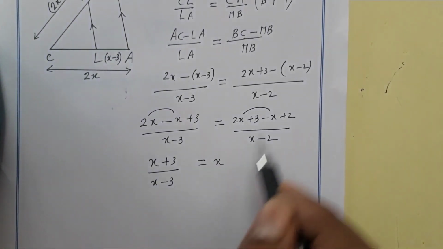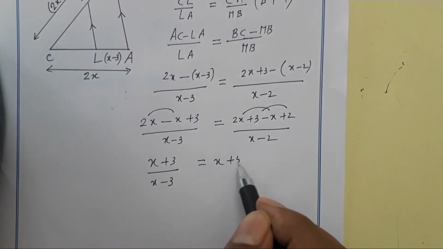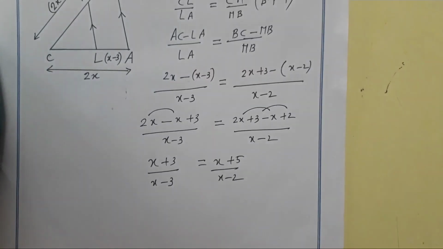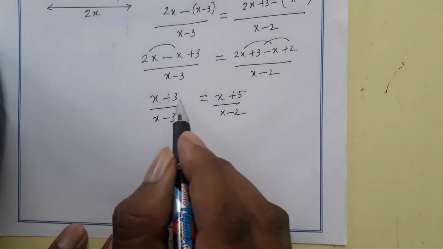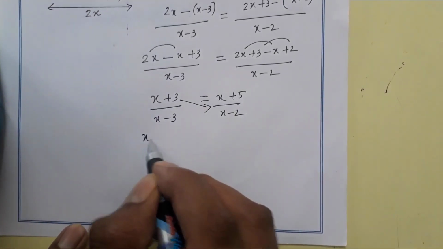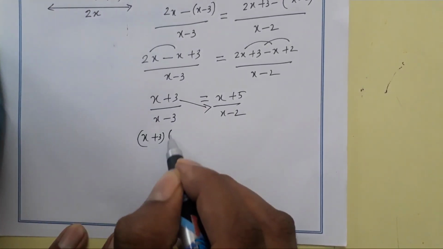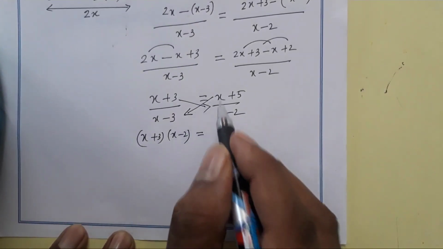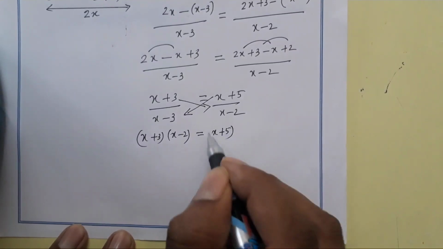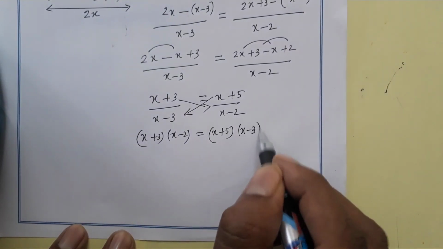This is X plus 3 plus 2, that is X plus 5, by X minus 2. We do cross multiplication here. Multiply these two first. X plus 3 into X minus 2 is equal to, multiply these two next, X plus 5 into X minus 3.